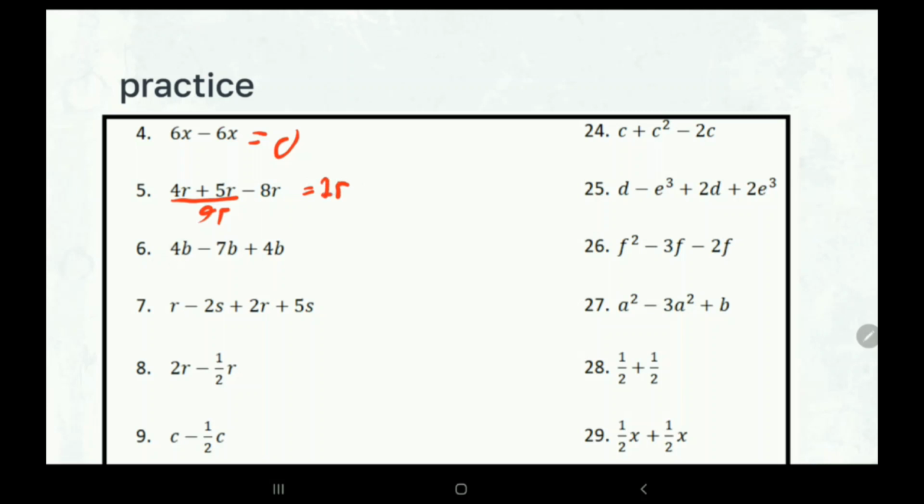Question number 6. 4b minus 7b will be negative 3b, and then add 4b, so it will be 1b. Try to do the rest by yourself and pause the video first. After that I'll solve it.